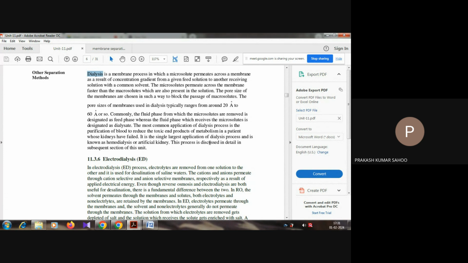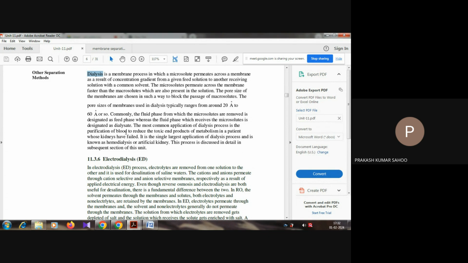The most common application of dialysis is the purification of blood to reduce the toxic end products of metabolism in a patient whose kidney has failed. It is the single largest application of the dialysis process and is known as hemodialysis or artificial kidney. The process is discussed in detail in a subsequent section of this unit.